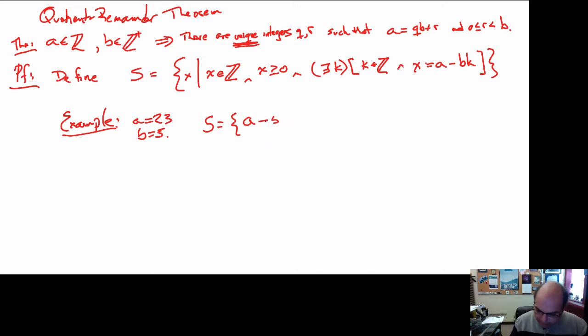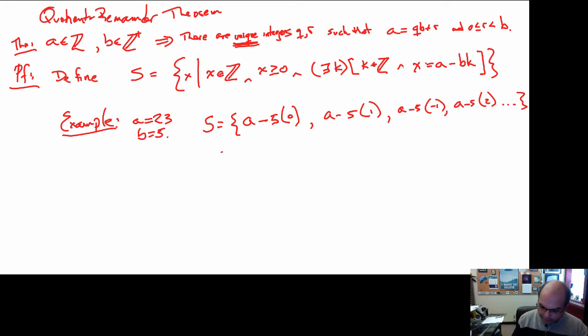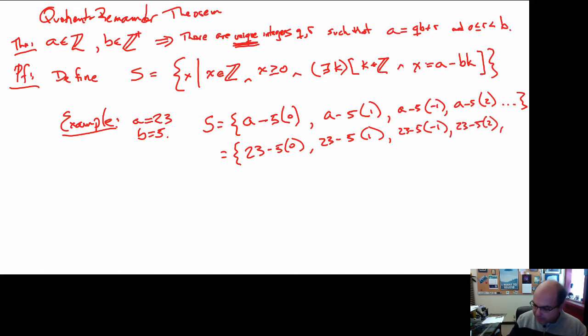The something has to be an integer, so let's have 0, 1, minus 1, 2, and so on. That's 23 minus 5 times 0, 23 minus 5 times 1, 23 minus 5 times minus 1, 23 minus 5 times 2, and so on.